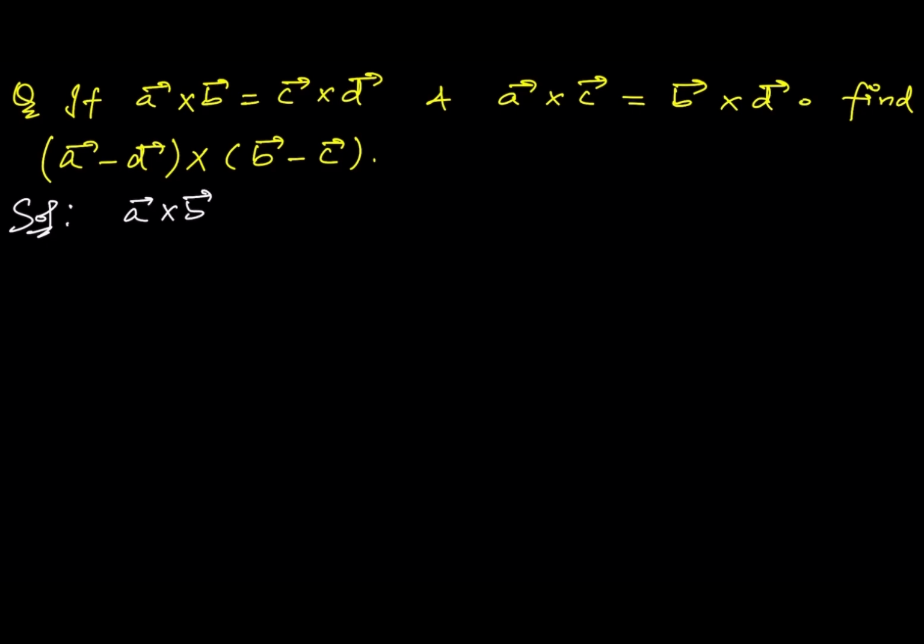A cross B is equal to C cross D, and A cross C is equal to B cross D. And what we need? We need to find A minus D cross B minus C.